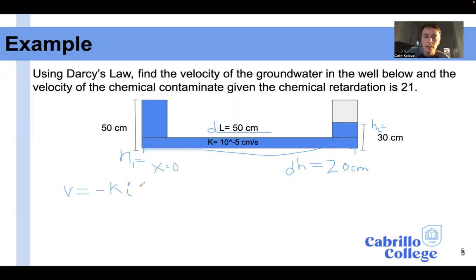And so I, remember, is equivalent to dH/dL. And so our dL equals 50. So that means our dH/dL is 2/5, which is 0.4.